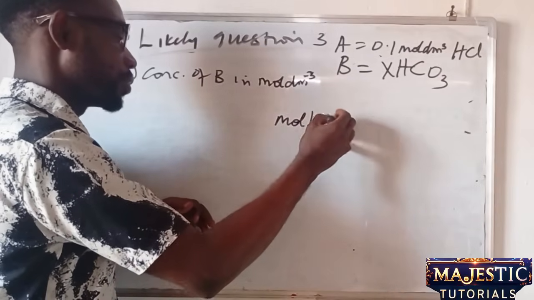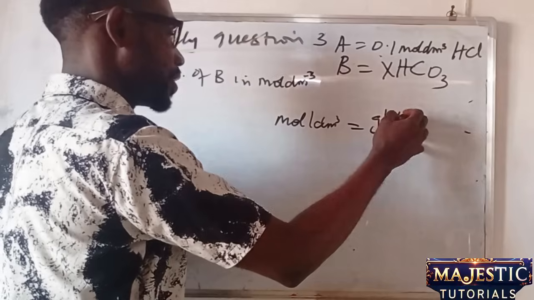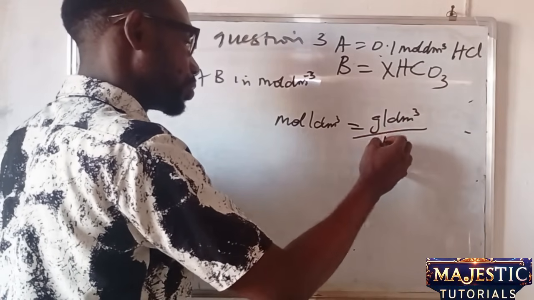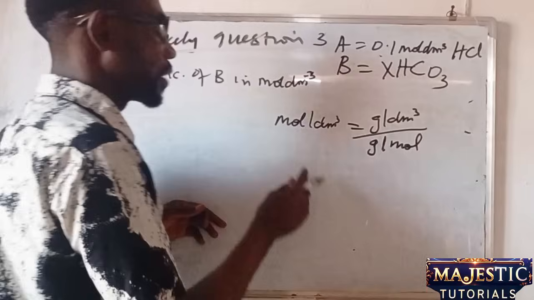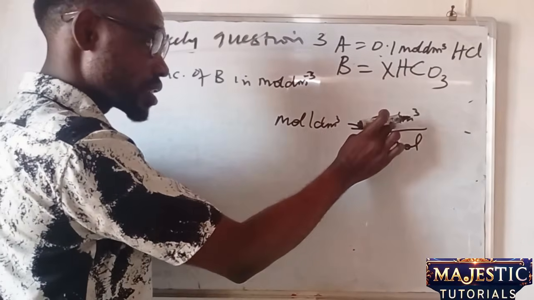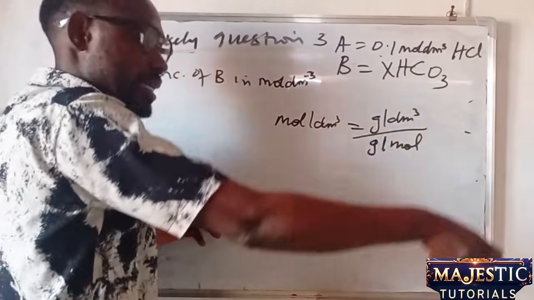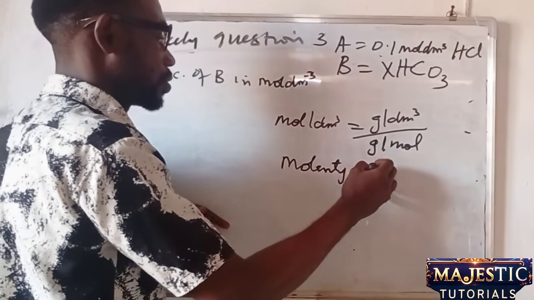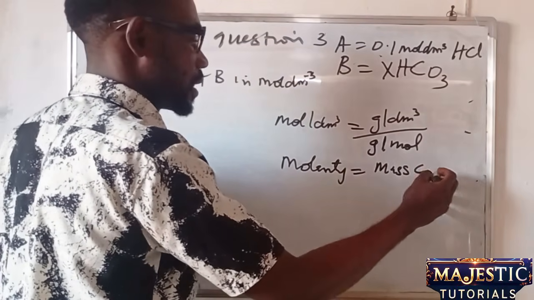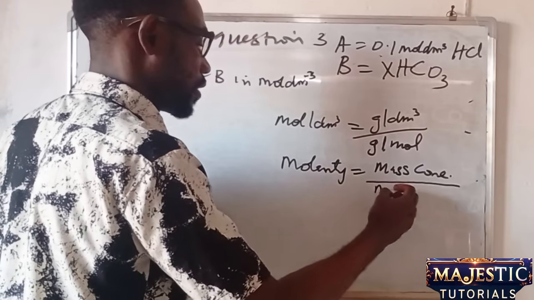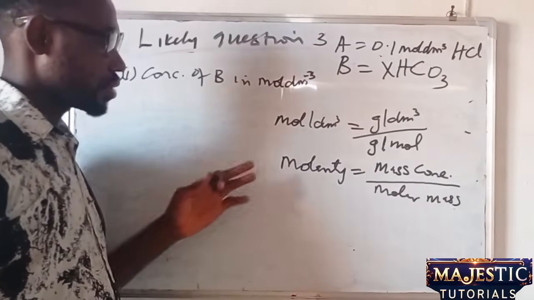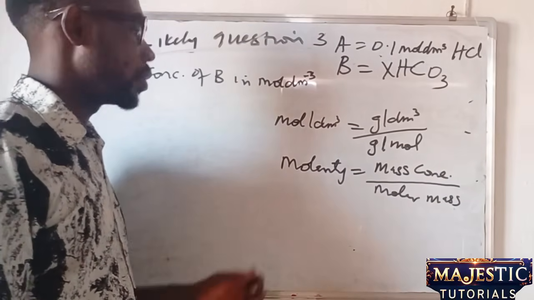Mole per dm³ is equal to gram per dm³ all over gram per mole. Or if you like, molarity is equal to mass concentration all over molar mass. So these are the things you are expected to know.